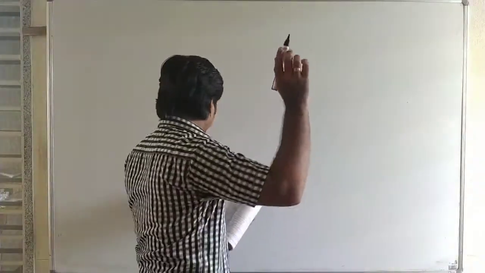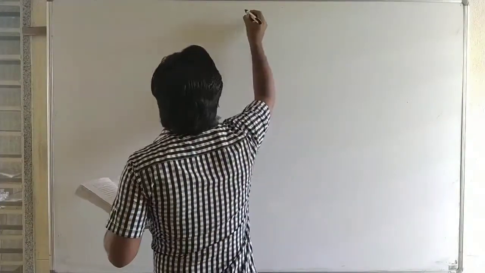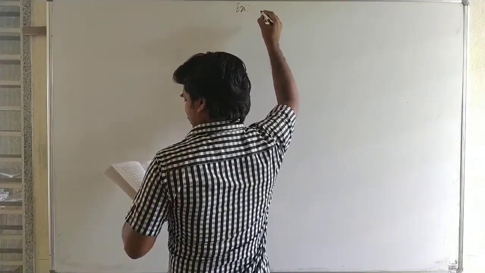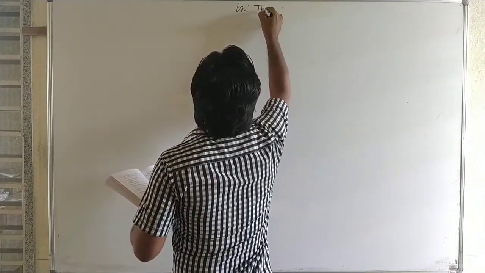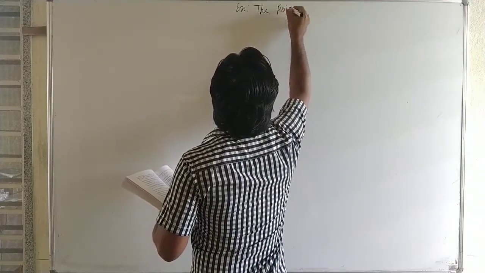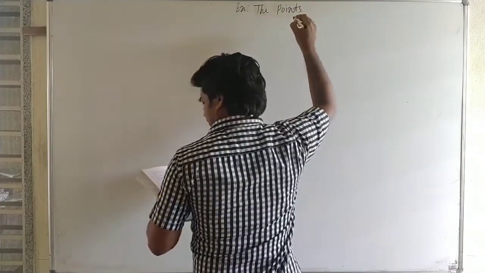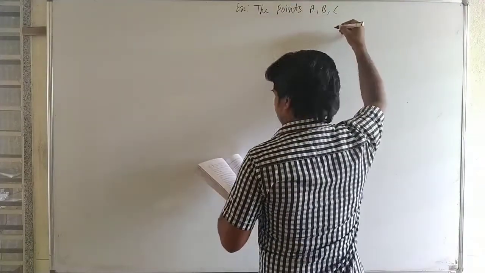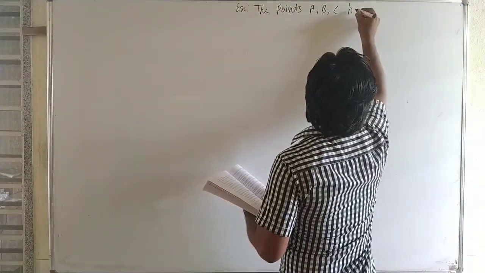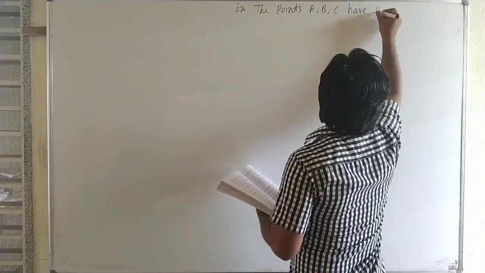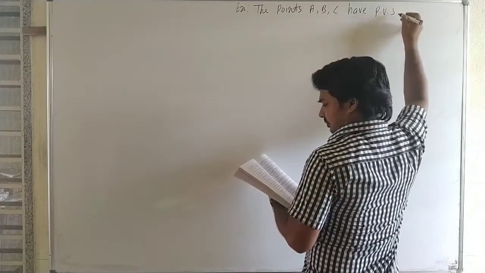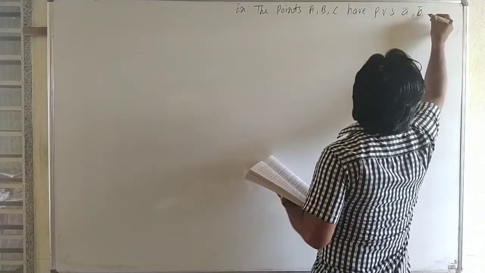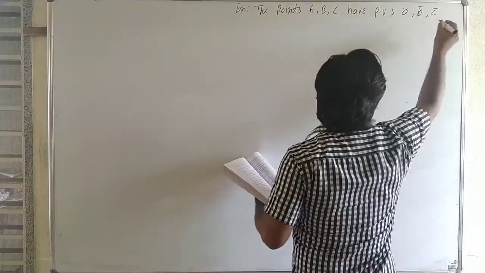The example, the points A, B and C have position vectors A bar, B bar and C bar respectively.